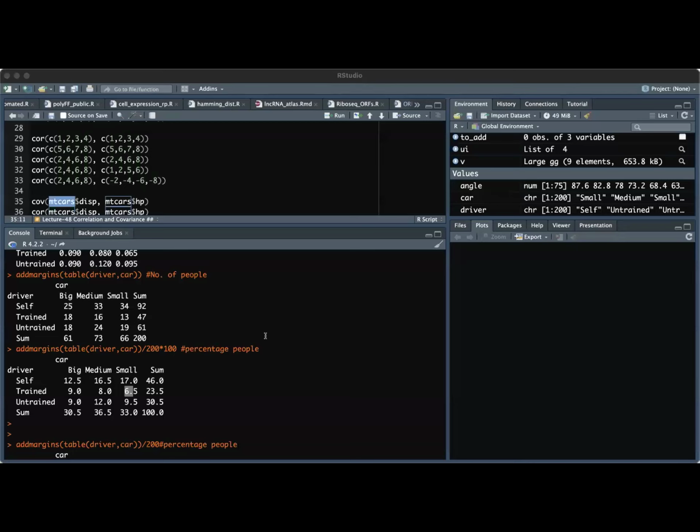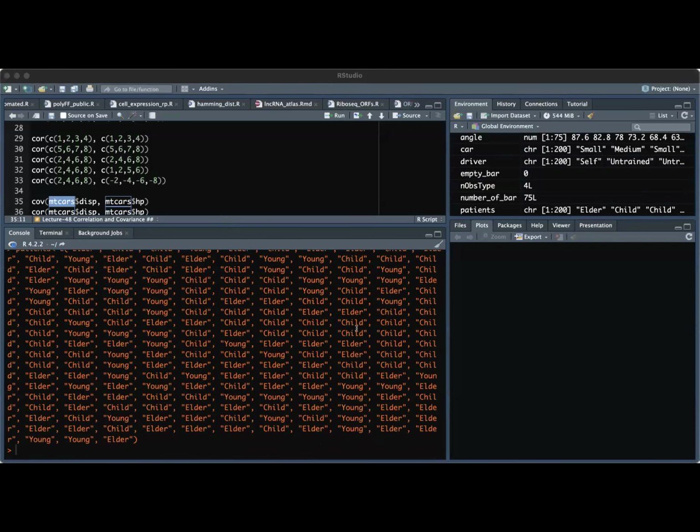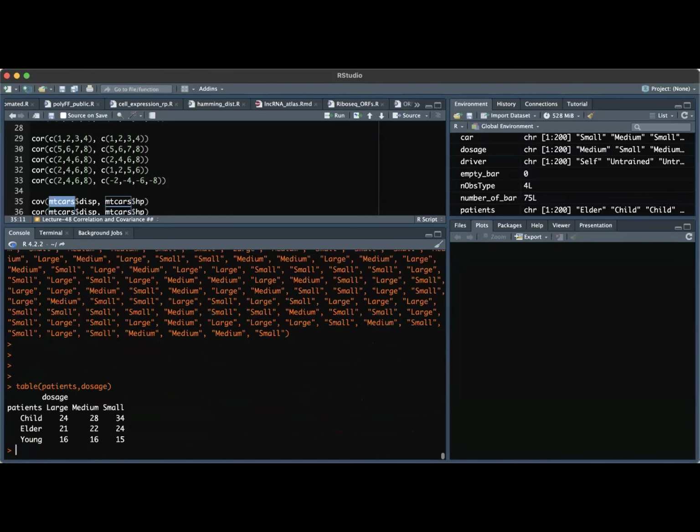I'll just give you an idea. So this basically gives you numbers, the number of patients who are child given a large dosage.